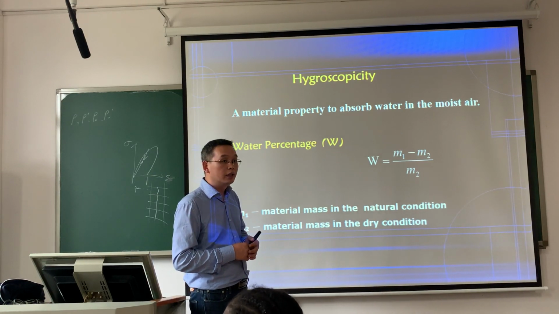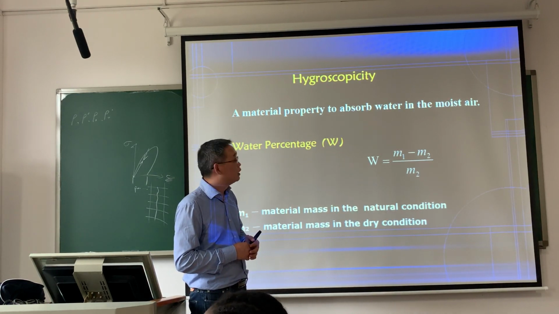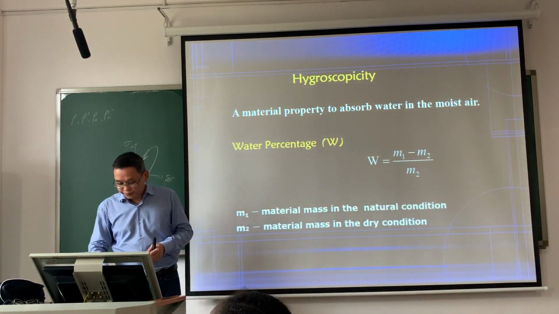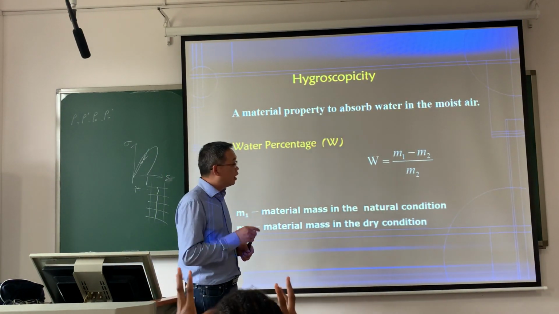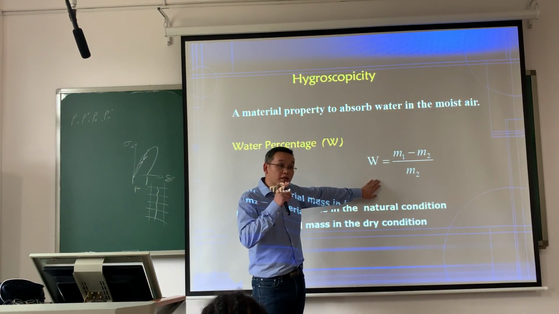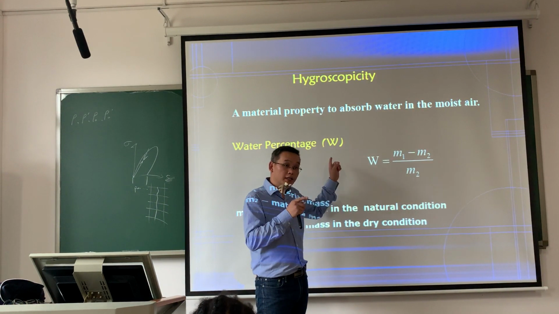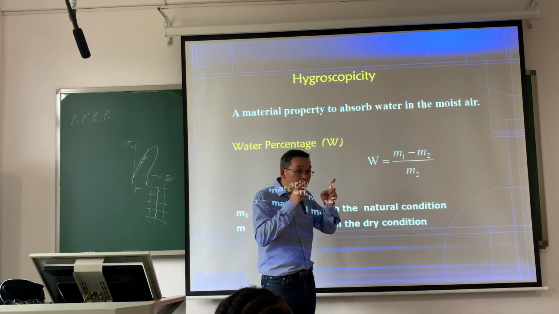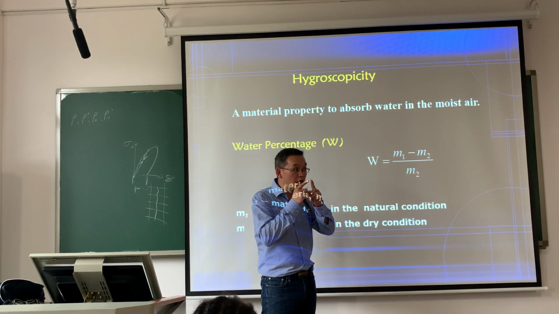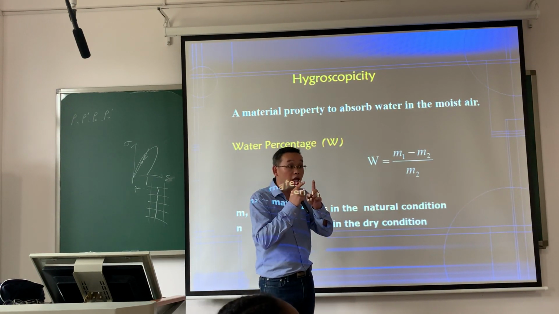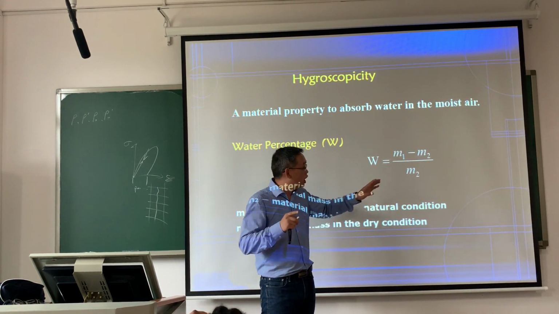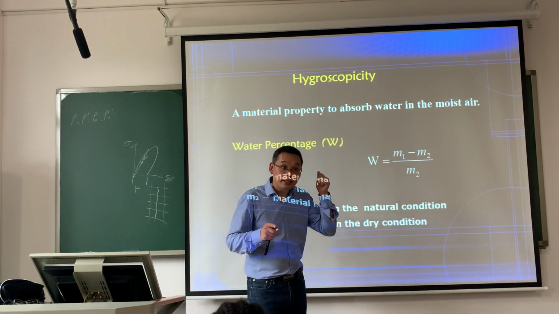But this one is M2. This one is always smaller than that one. Right. Maybe sometimes they will be equal, but it does not normally happen. It is always smaller than that one.